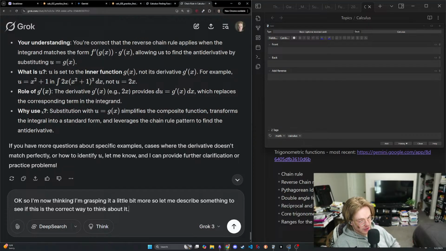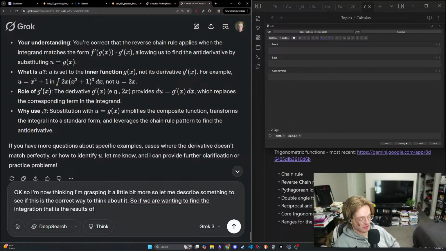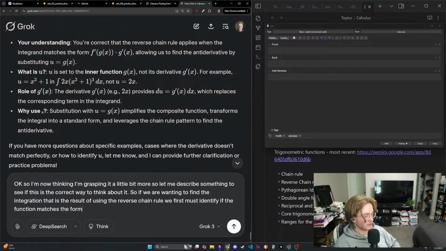So, if we are wanting to find the integration that is the result of using the reverse chain rule, we first must identify if the function matches the form of the result of using the chain rule.